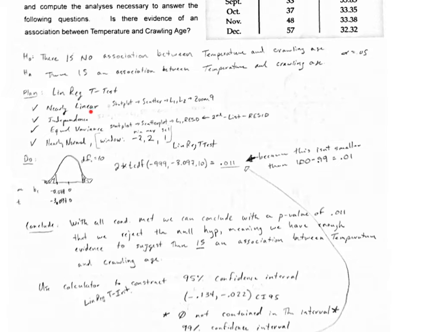And then the second condition, independence, just making sure that just because one baby crawls at 32 weeks, that doesn't really make a difference on a separate baby crawling at 33 weeks or something like that. It's not like all the parents have some competition to make their baby crawl earlier than anybody else.